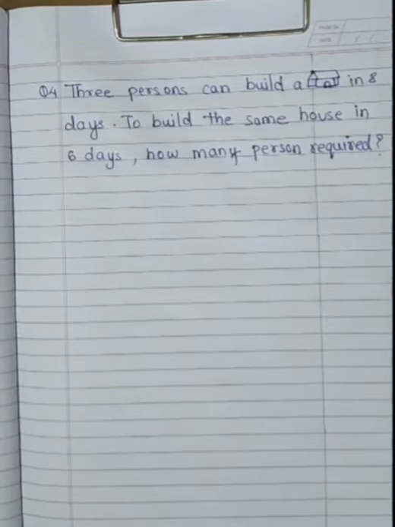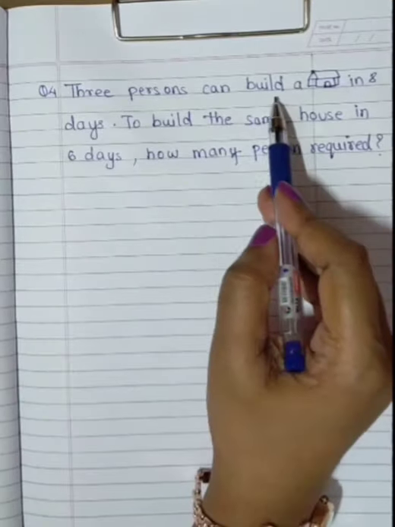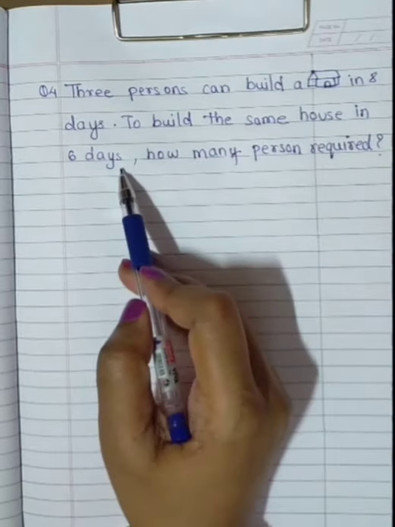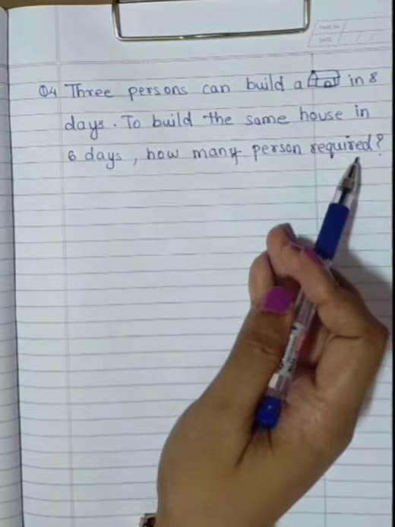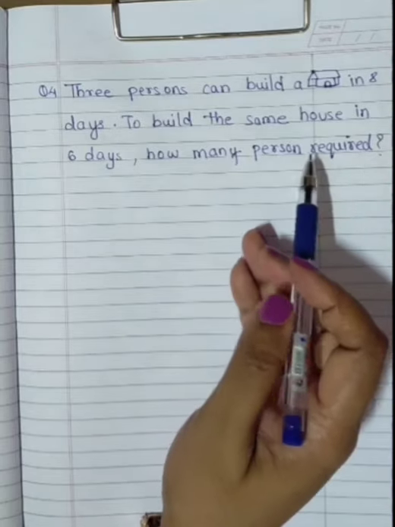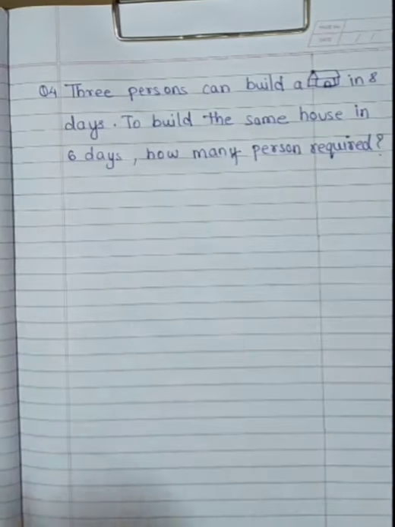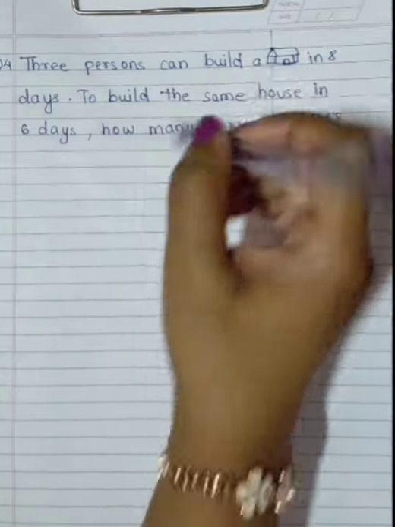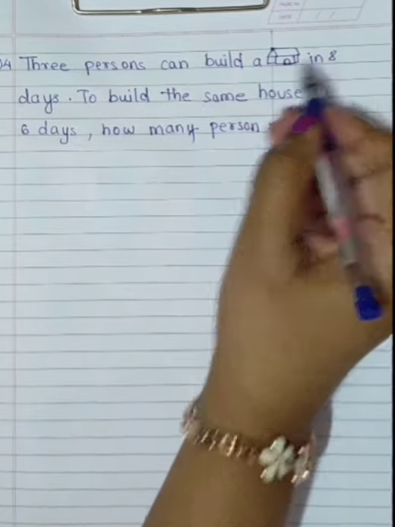Now the question is: 3 persons can build a small house in 8 days.